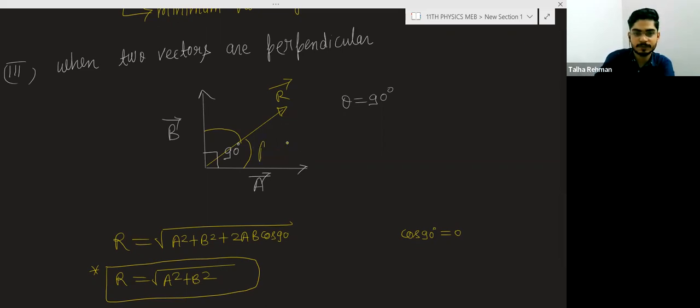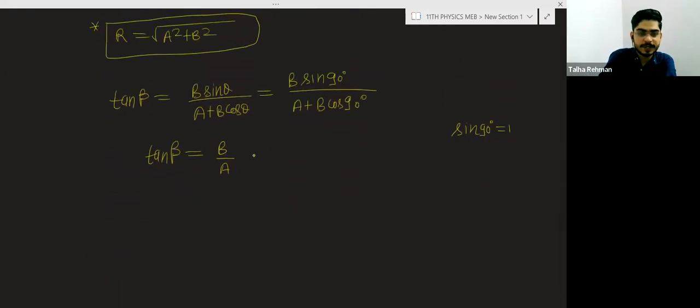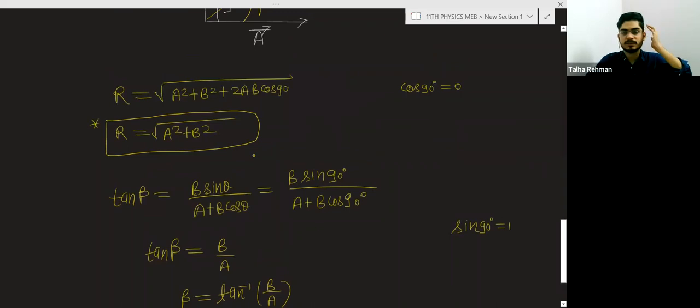This is your beta. This is your 90 minus beta. So your beta will be tan inverse of B by A. These are the special cases.